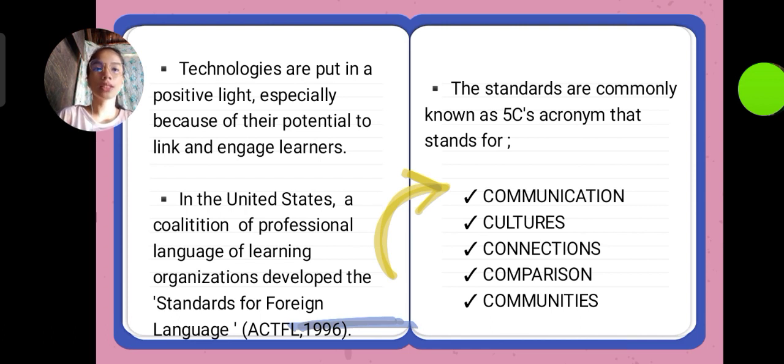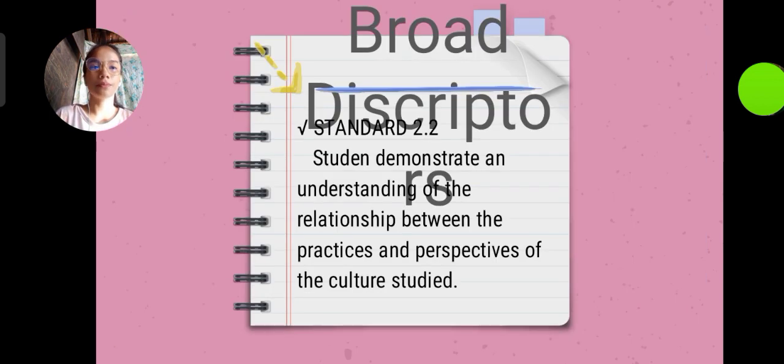The standards are commonly known as the 5Cs, an acronym that stands for communication, cultures, connections, comparisons, and communities. There are two broad descriptors. First is standard 2.2, where students demonstrate an understanding of the relationship between the practices and perspectives of the culture studied.